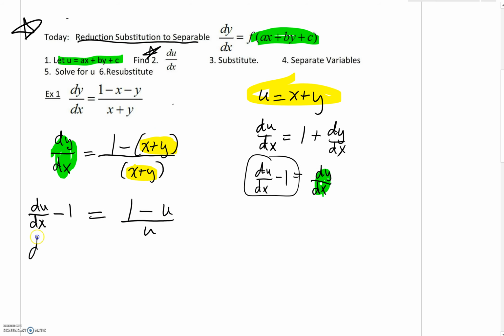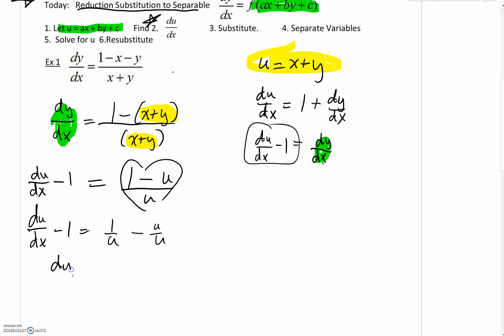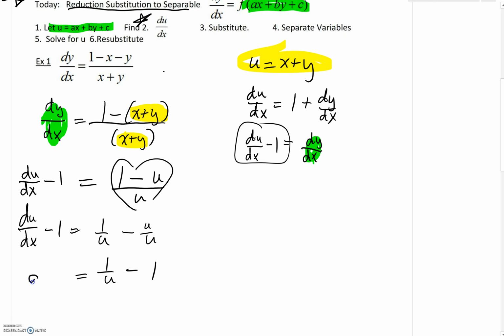If we just did a little simplifying, this becomes 1 over u minus u over u, which of course is just a 1 itself, isn't it? So you'll have 1 over u minus a 1, and pardon me, in my haste, I didn't quite copy the left-hand side correctly, did I?